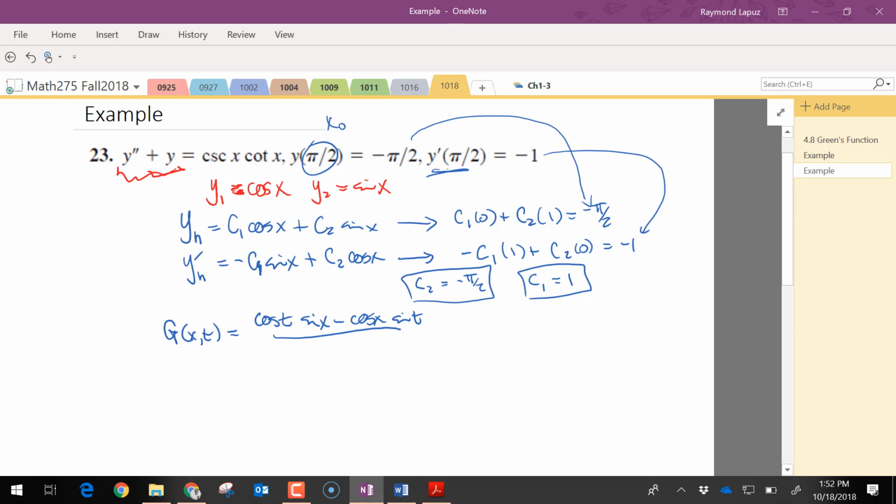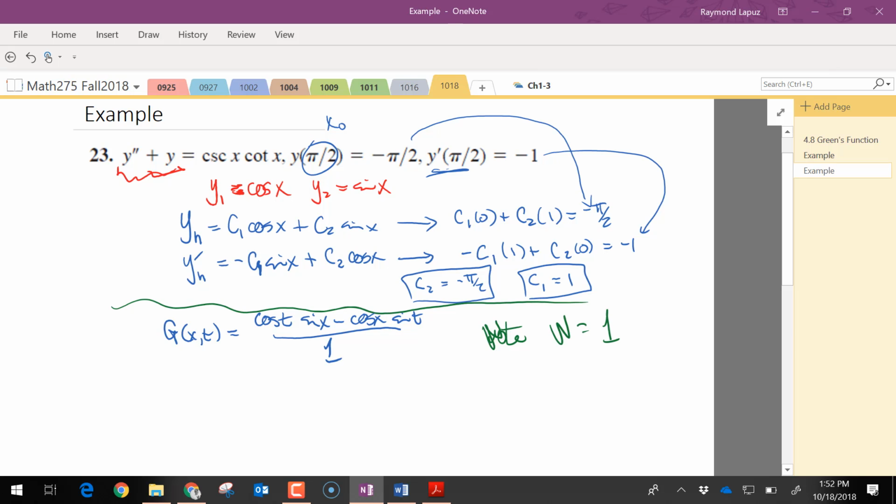The Wronskian's 1. Right? Sine, cosine. Yeah. Note, this should be in a different color already. Note, Wronskian is 1.